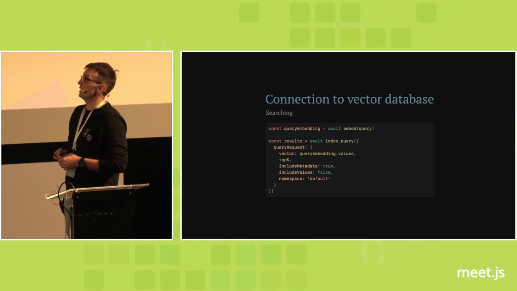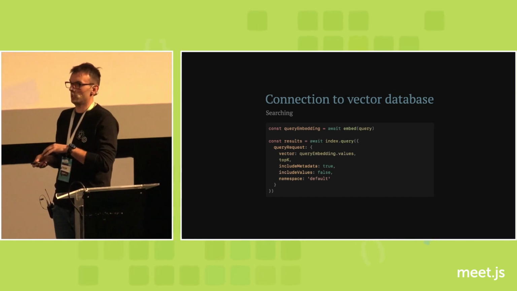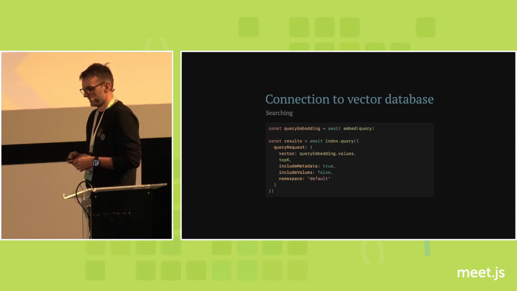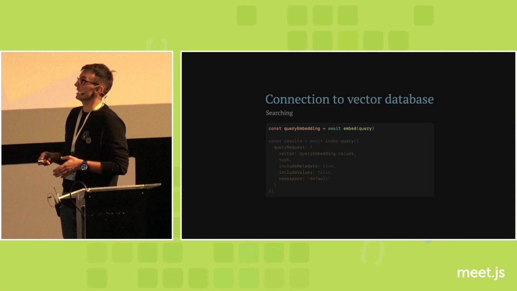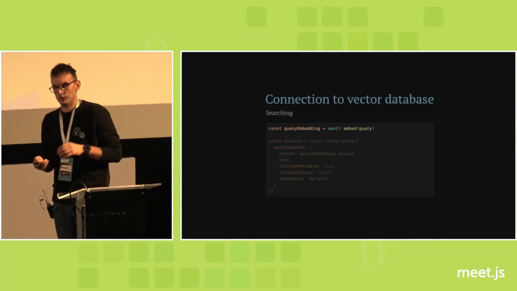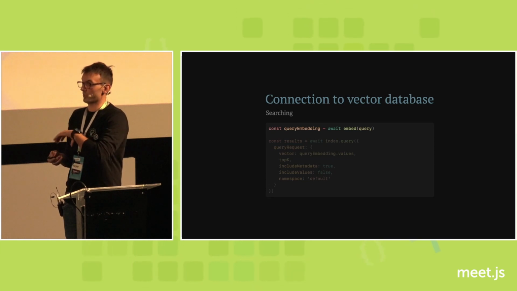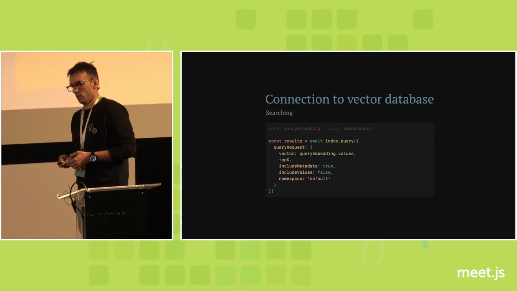But in the case of the vector database, because all the data is saved as a vector, before we make the query we have to perform the same operation that we did before adding these elements to the vector database. So we have to convert what the user wrote into a vector, and then we can finally execute the query.